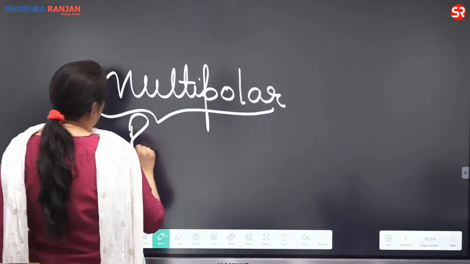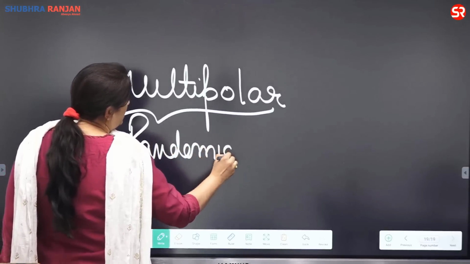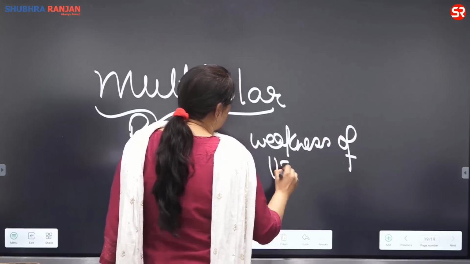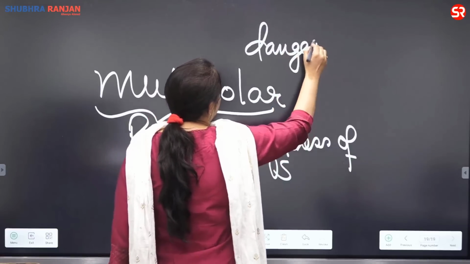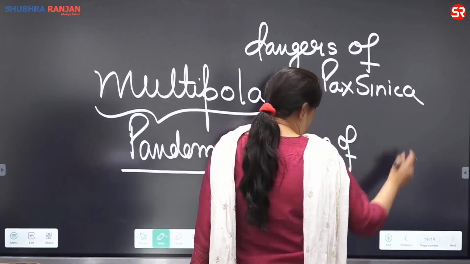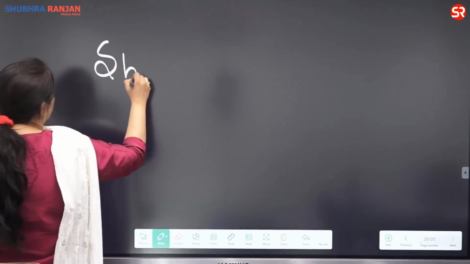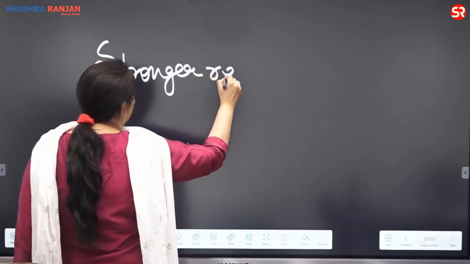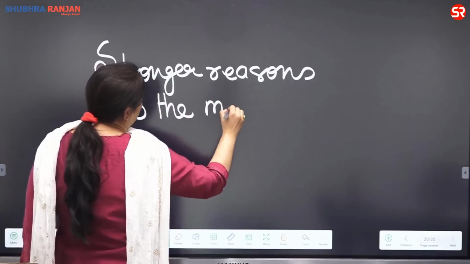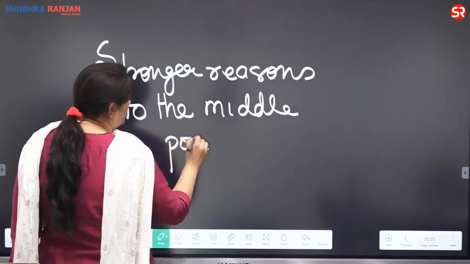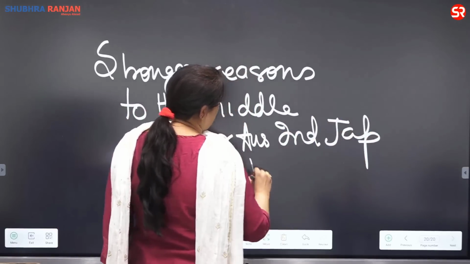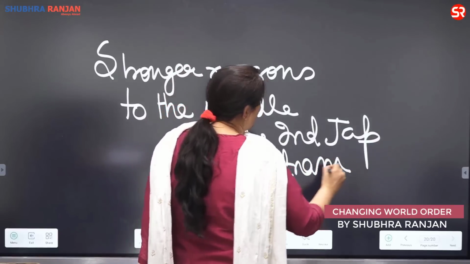The pandemic has not only shown the weakness of the US, it has also shown the dangers of Pax Sinica and gives stronger reasons to the middle powers like Australia, India, Japan, Vietnam to cooperate.